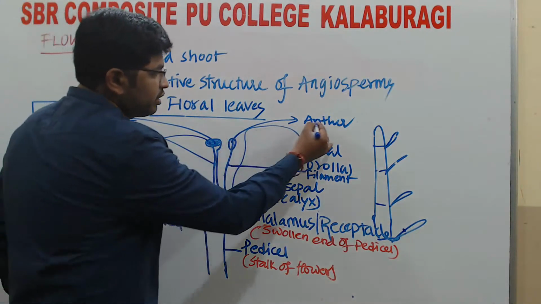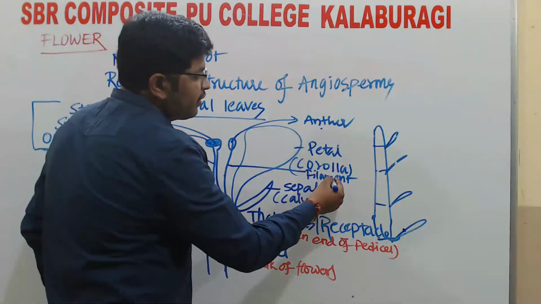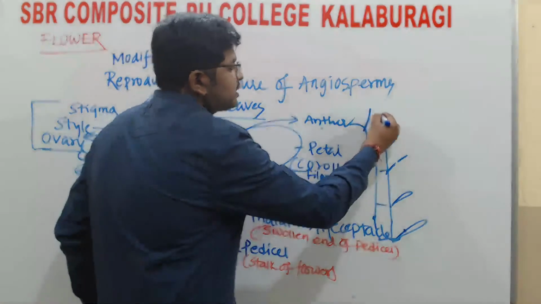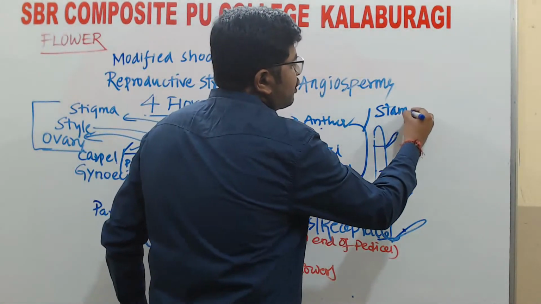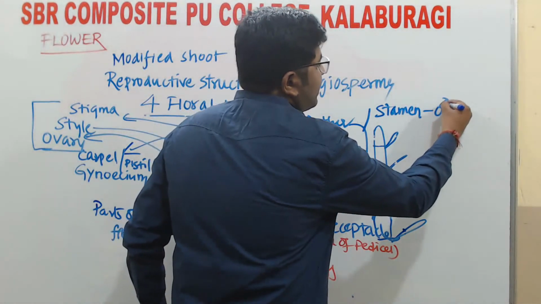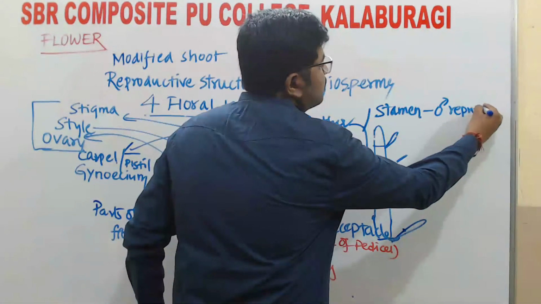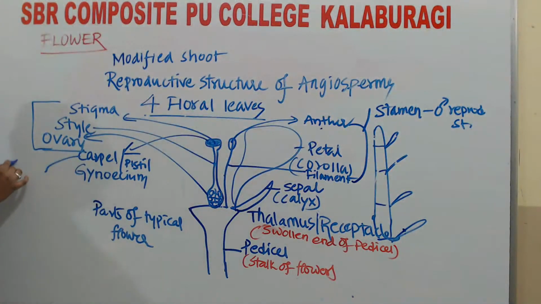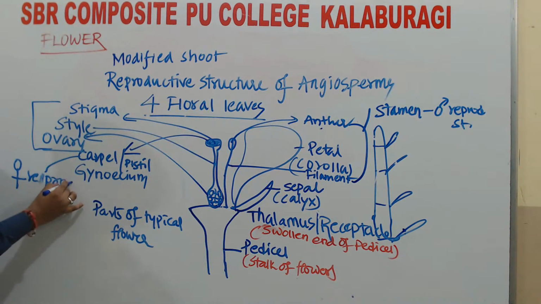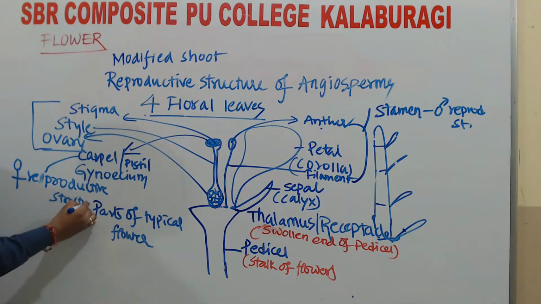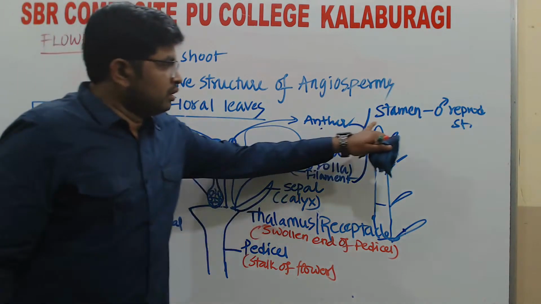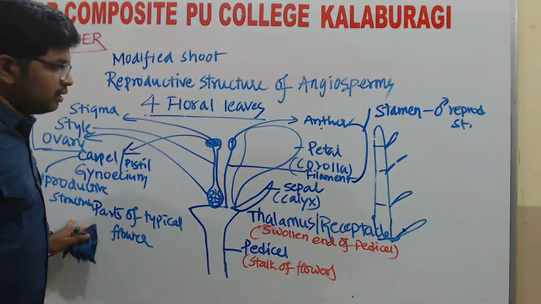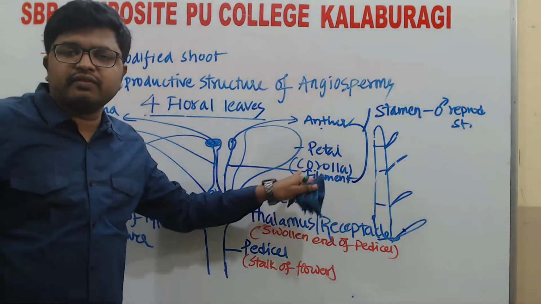The anther and the filament together are the stamen, the male reproductive structure, whereas the carpel is the female reproductive structure. So the stamen, the carpel, the sepal, and the petal are the four floral leaves.